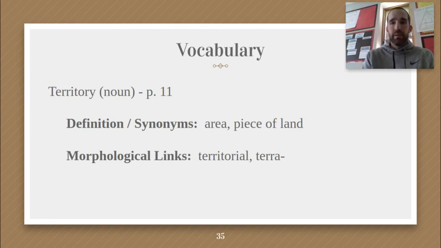This is a great word for talking about how morphological links work. Territorial is a morphological link, but that root of terra actually means like land or piece of land or sometimes earth. And you are probably familiar with the term extraterrestrial.